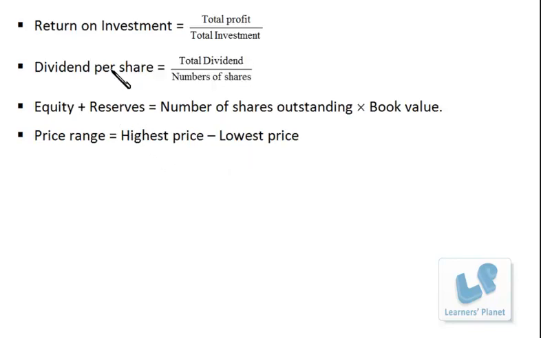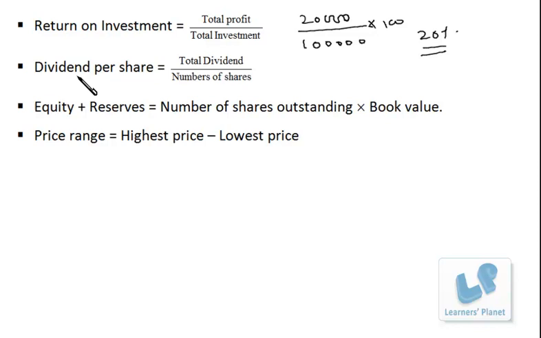Next is return on investment, that is total profit by total investment, right? Suppose to earn a profit of 20,000 rupees, you have spent 1 lakh as an investment, then your return on investment is 20%, right?